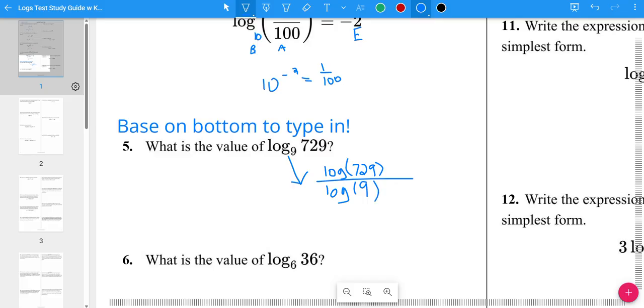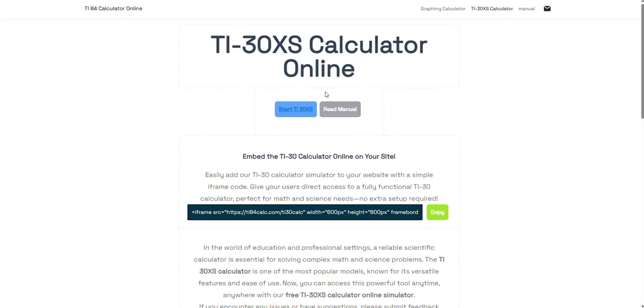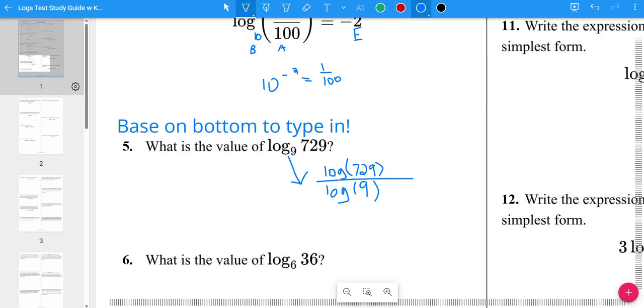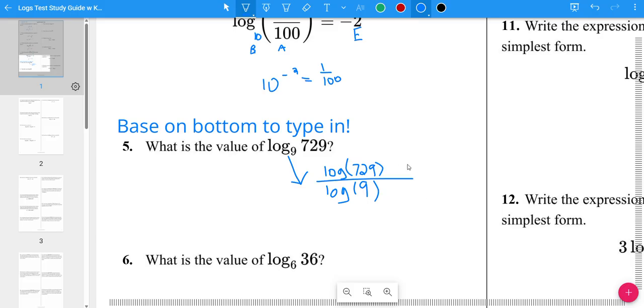So let me pull that up. It was 729 over 9, okay. So I just typed it in as a fraction, log 729 over log 9, that's 3. Okay.